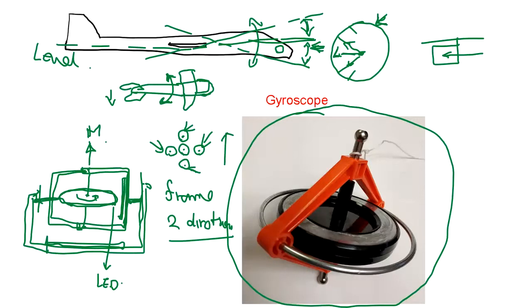So the LED light moves around from here to here, or from center to here. Okay, so it can show how much is the pitching or banking, and this costs a little bit more than this very simple, crude way to detect the pitch.